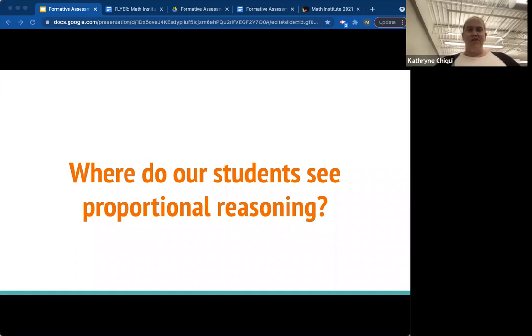So again, if you are just joining us, we are asking you to chat out any ideas that you have where our students see proportional reasoning in their daily lives.